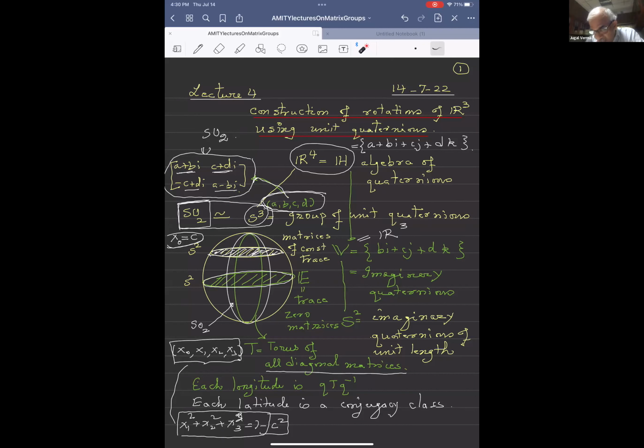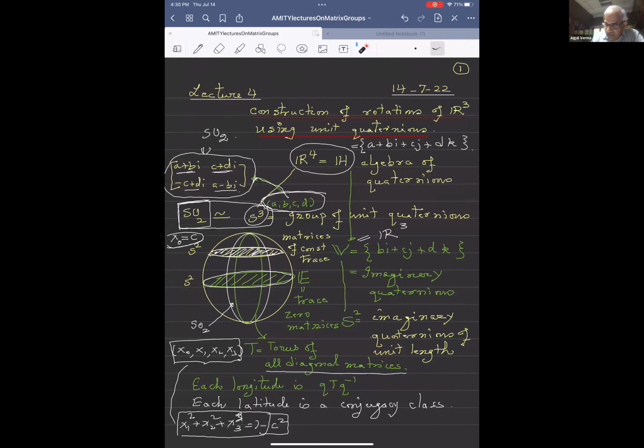There are infinitely many longitudes. We will see that every longitude is a conjugate of the group of diagonal matrices. The group of diagonal matrices is called the torus. Geometrically this will form a torus, and all the longitudes will become conjugates of the torus.